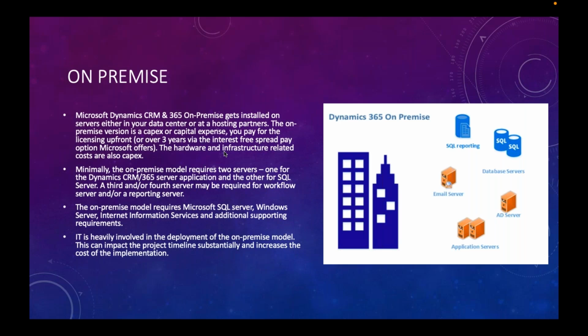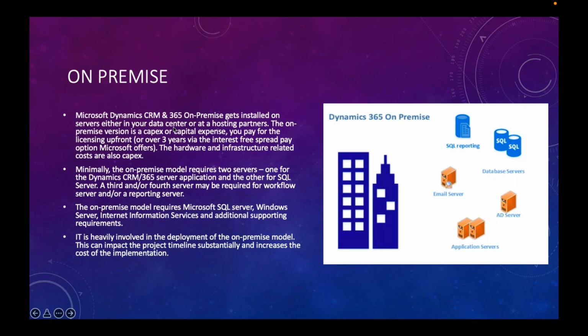So in that case, the clients will go for on-premise, thinking: maybe it may charge, but I want on-premise because of the privacy of my data, and it should be secure. So some of the clients will contact third-party hosting partners or data centers, and they will install our Dynamics 365 on-premise in their data centers.